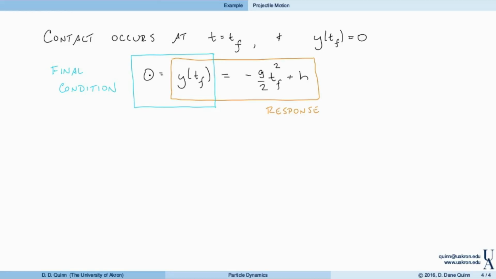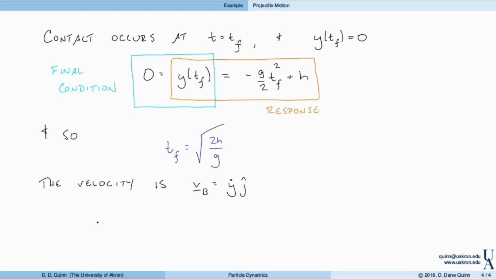Now looking at the left and the right side, we can solve for t final. And we find that t final here is equal to square root of 2h over g. So this gives us the time at which the ball strikes the surface. And finally, when the ball hits the ground, the velocity of the ball is y dot in the j direction.